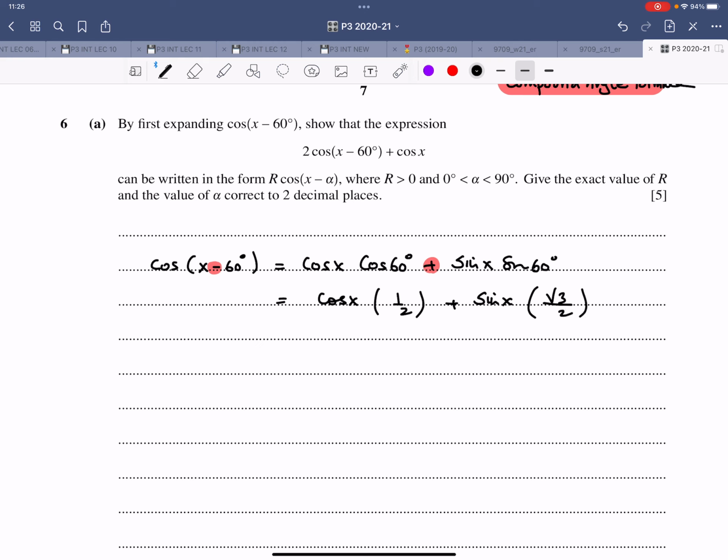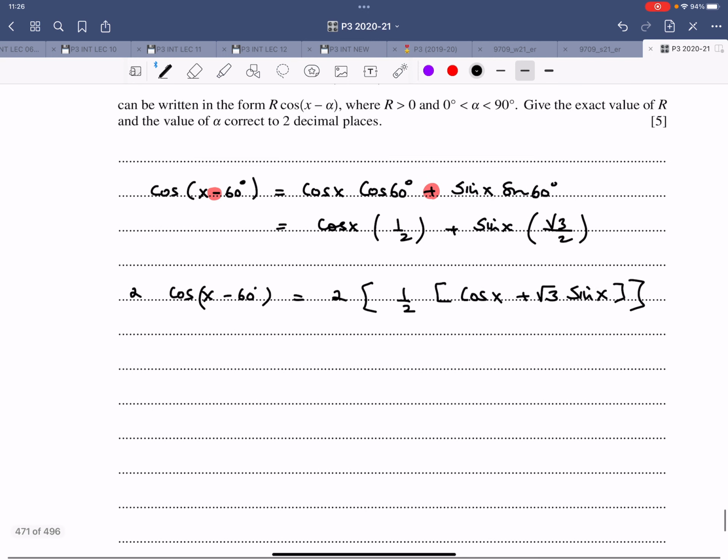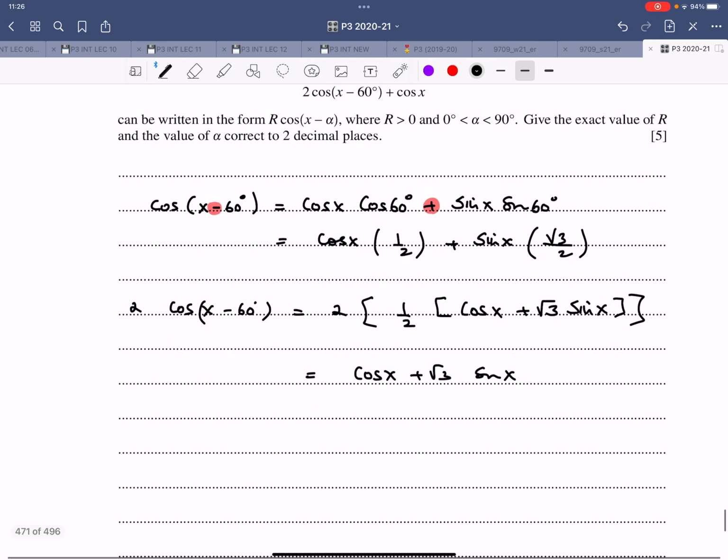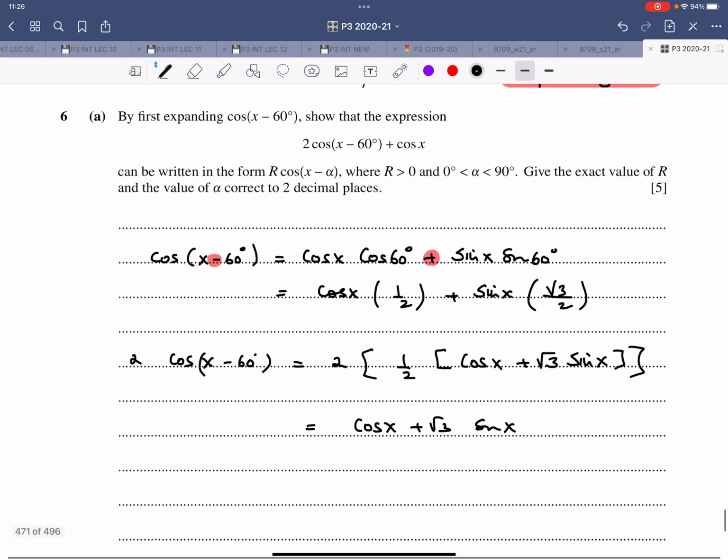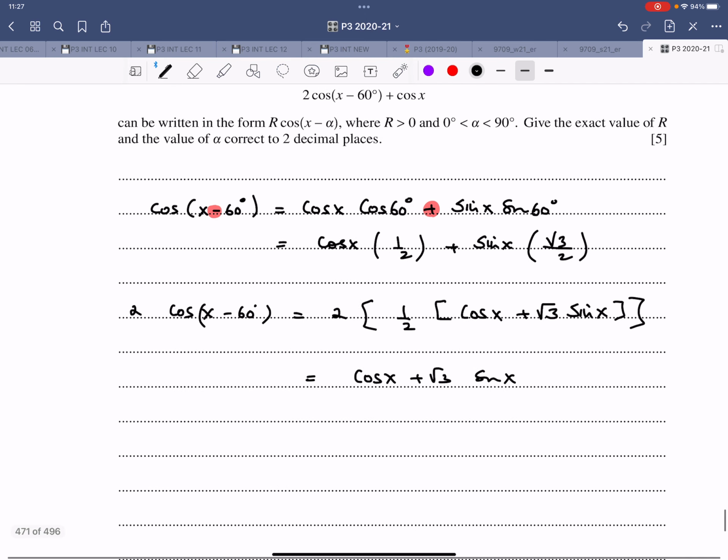And then it says it can be written in this form. So 2 multiplied with cosine x minus 60, basically 2 multiplied with half common, cosine x plus root 3 sine x. Let me simplify as much as possible at this stage. So 2 cancels, that is cosine x plus root 3 sine x. It's a compound angle formula with the addition formula. Now cosine x plus root 3 sine x plus cosine x.